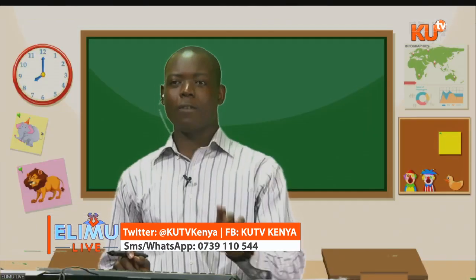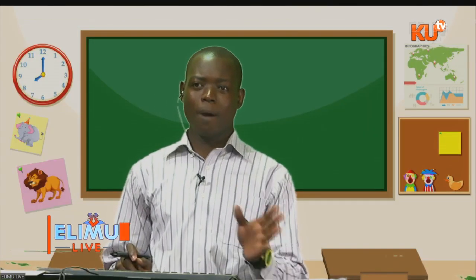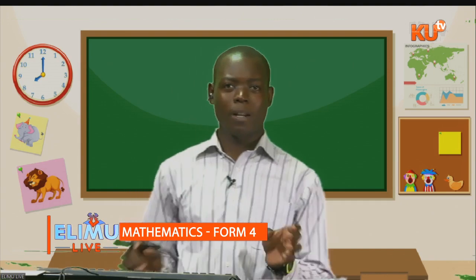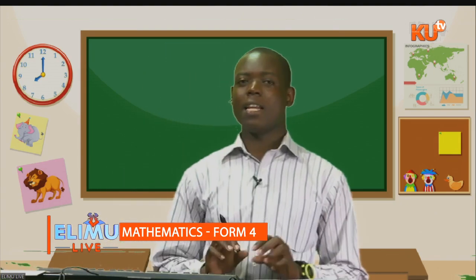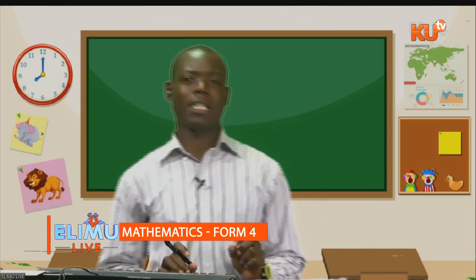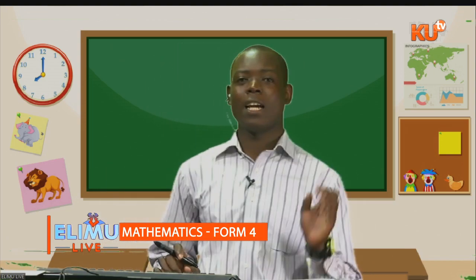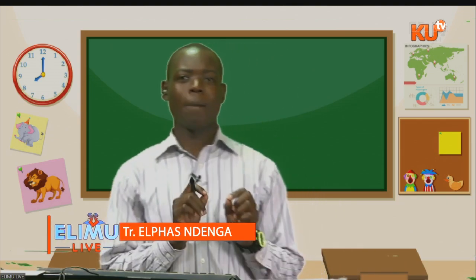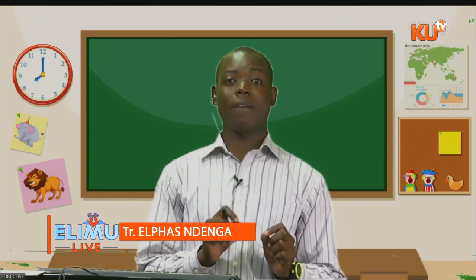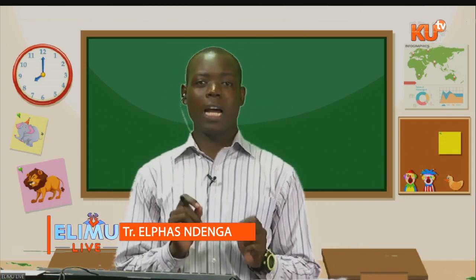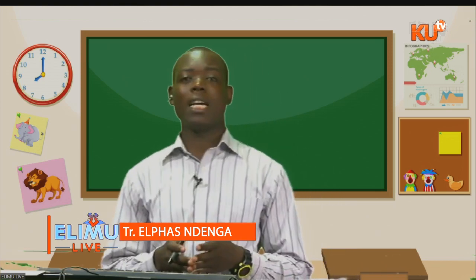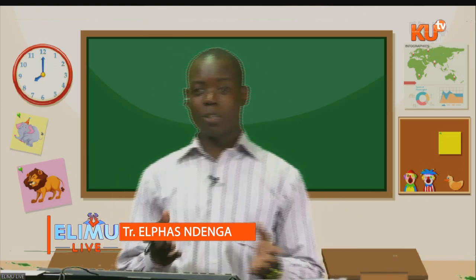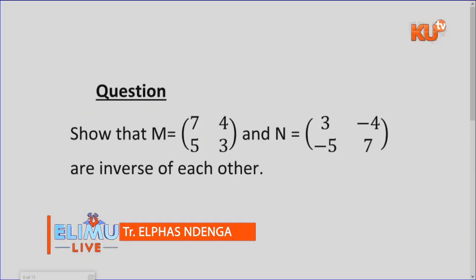We need to confirm that M and N are indeed inverses of each other. Remember, if two matrices are inverses of each other, the product of those matrices will give us an identity matrix. So we simply want to see if we multiply these matrices, do we obtain an identity matrix? That is our task number one.